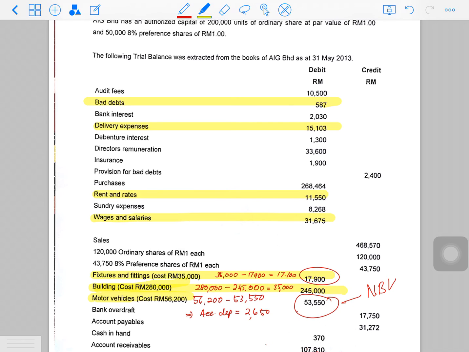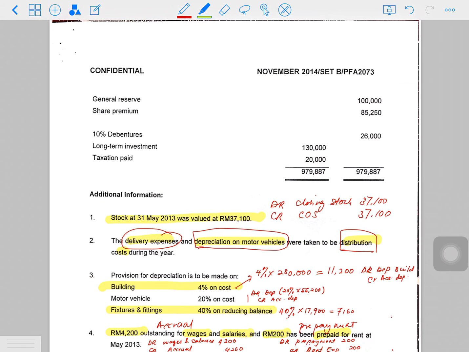So where should you put this bad debt? Which category? Bad debt will be put into administrative expense. Sometimes they put it in finance, but here they put it in administrative expense. But I can consider it if a student puts it in finance expense. Okay, so bad debts here.